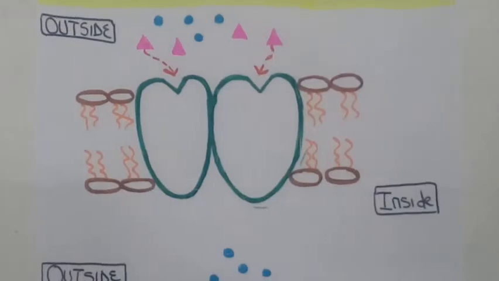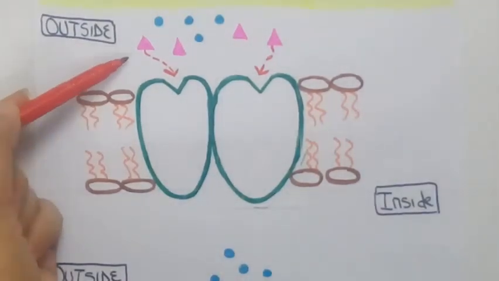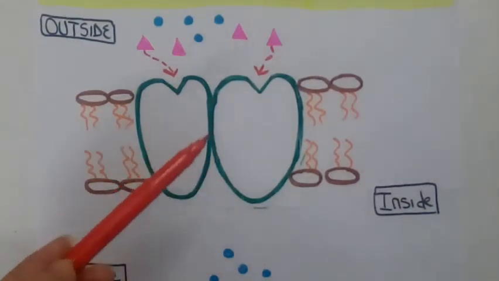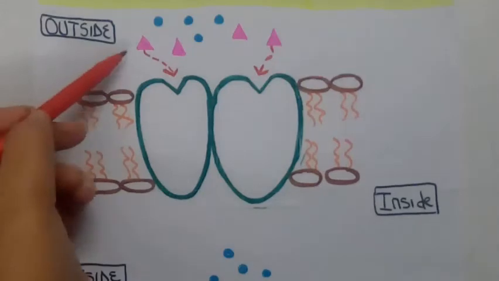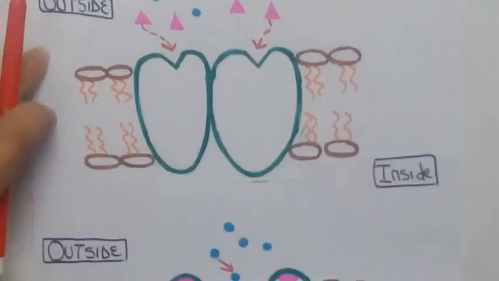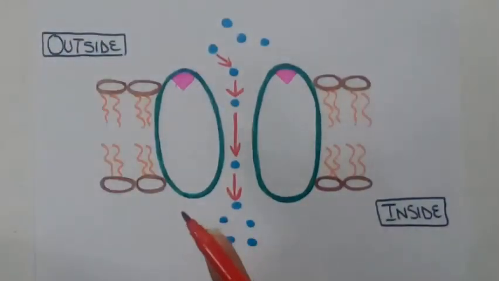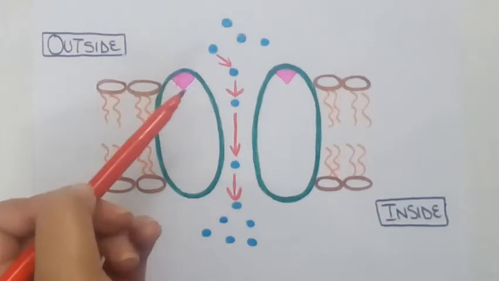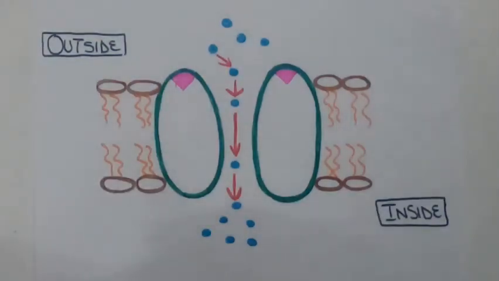Before binding of this ligand or chemical substance, the channel is closed, but as a result of binding of the ligand with the receptor site, as shown in this diagram, conformational changes occur.